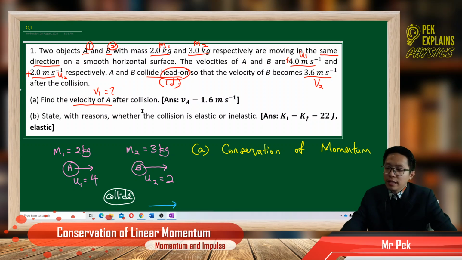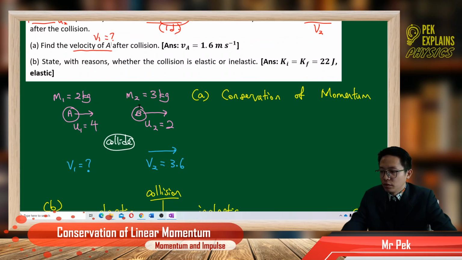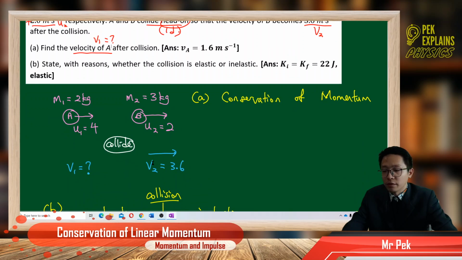Alright, so I have illustrated the information in the diagram here. Both balls, A and B, we have M1, M2, their masses, their initial velocity, both positive, moving to the right. And the final velocity for ball B, also positive, because it gives positive value, so it is to the right also. We want to find V1.